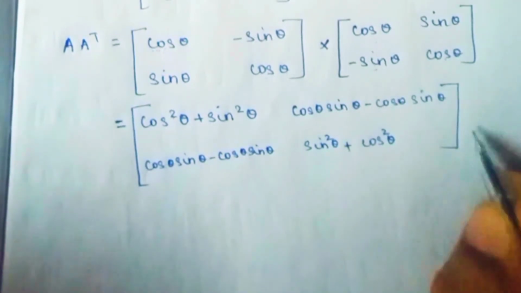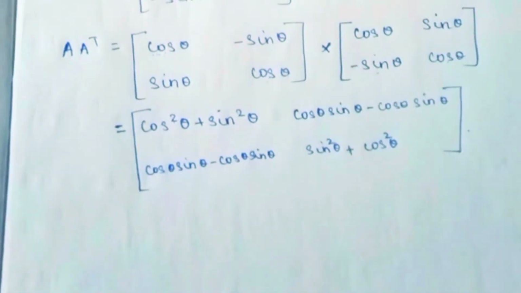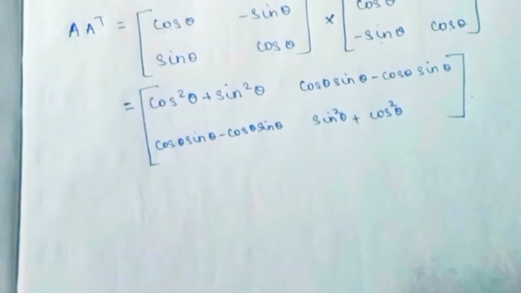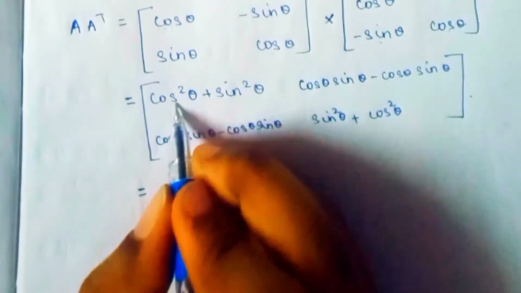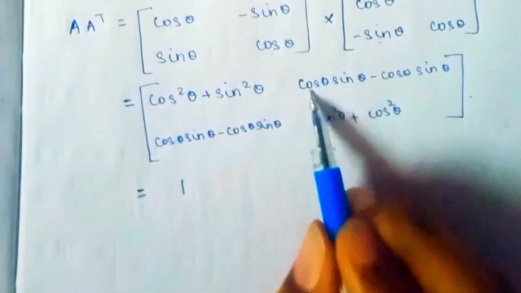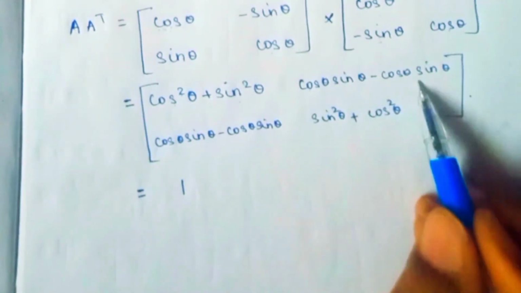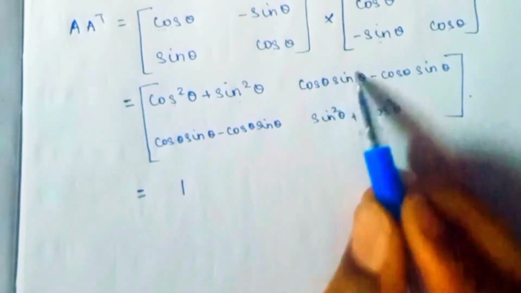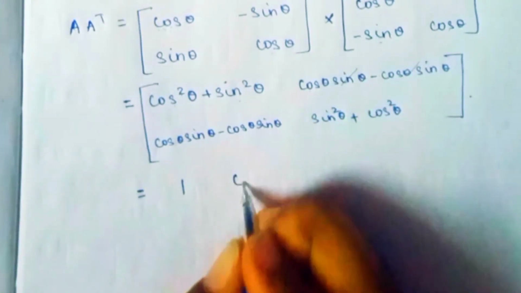Here it is. So we know that sin square theta plus cos square theta is nothing but 1. And here cos theta sin theta minus cos theta sin theta will be cancelled, so we'll get 0.